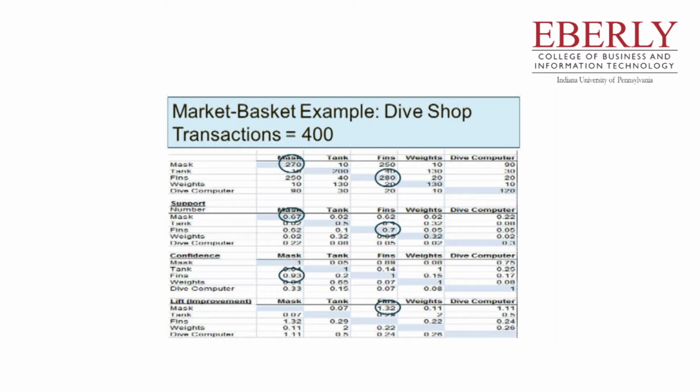In figure 9.20, the lift of fins and a mask is 0.926 by 0.625 or 1.32. Thus, the likelihood that people buy fins when they buy a mask increased by 32%.